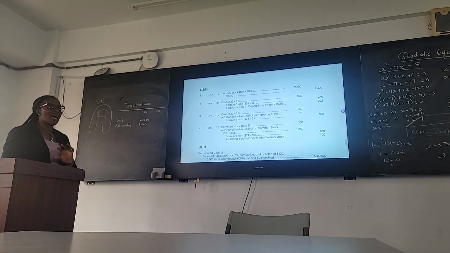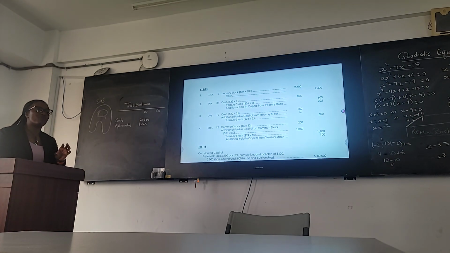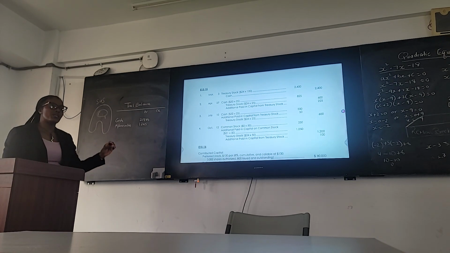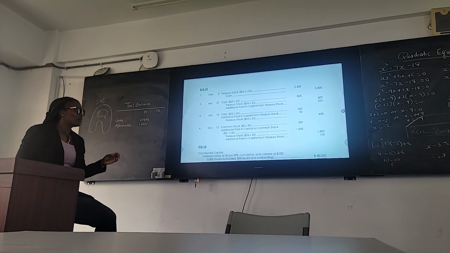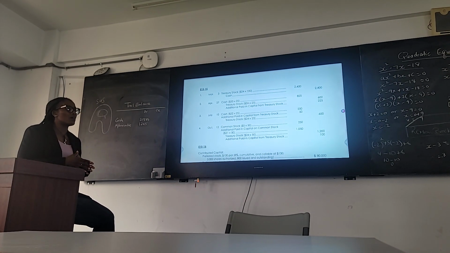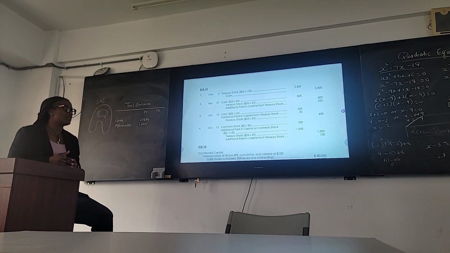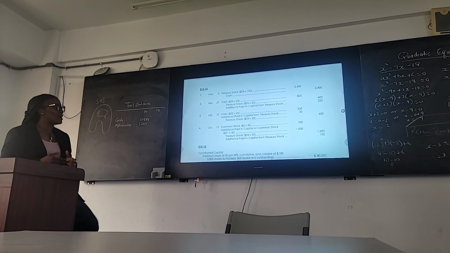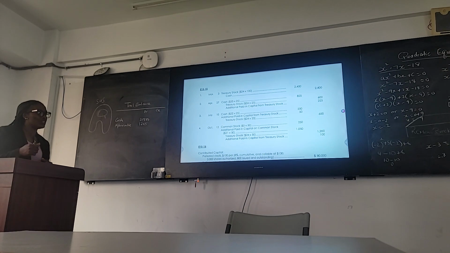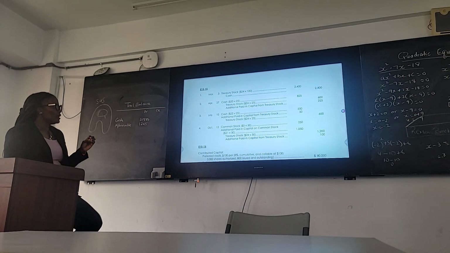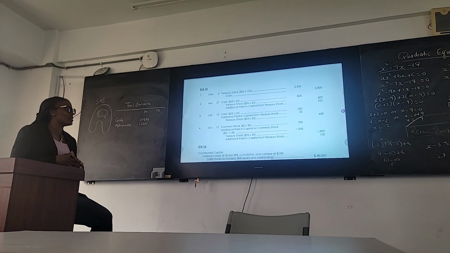So when you are retiring treasury stock, it will be a reduction to the equity account common stock. So what are we debiting common stock for? Since it's 50 shares we are retiring and the par value is 5, 50 times 5, $250. Then it will also reduce the additional paid-in capital on common stock.